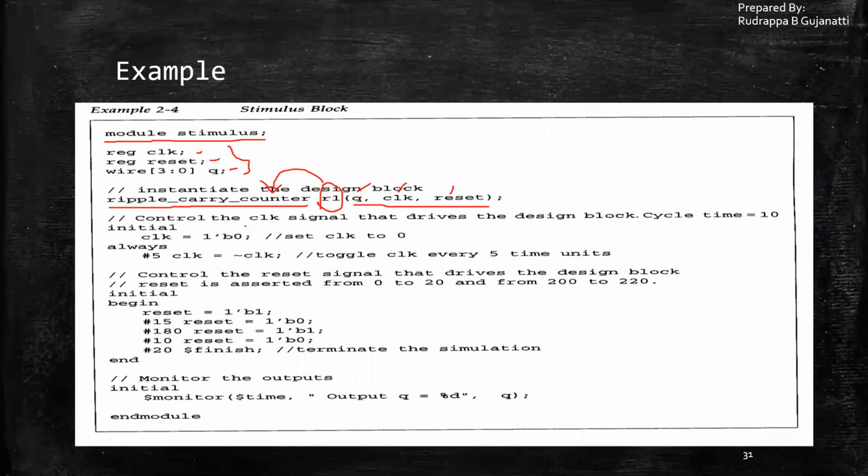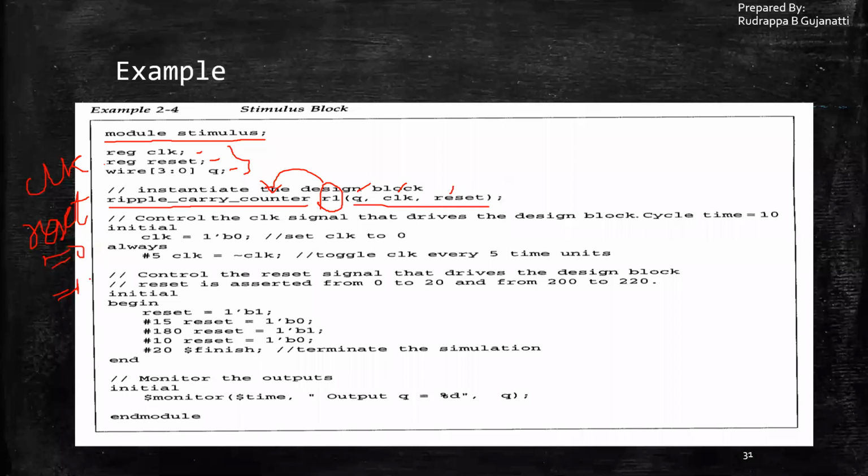Now, what I should do is this stimulus block should provide some information related to the clock, and at the same time, it should set and reset the reset pin. That is, either make it equal to 0 or make it equal to 1.